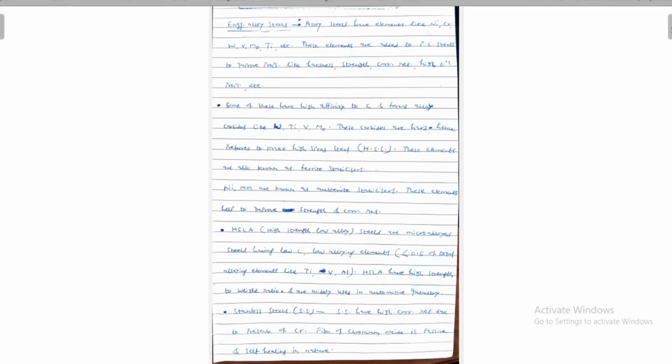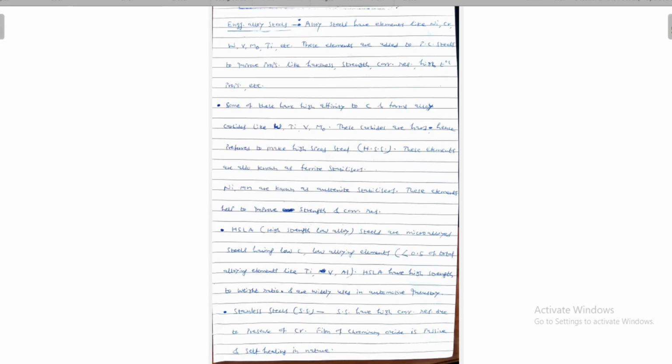Stainless steel is a kind of high alloy steel having more than 5% of total alloying elements added. They have high corrosion resistivity due to the presence of chromium. A film of chromium oxide is formed at the surface of the stainless steel, which is passive and self-healing in nature.